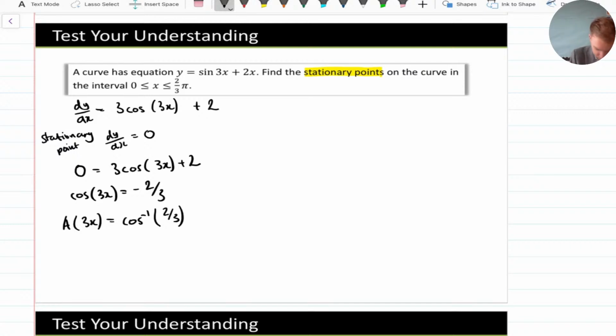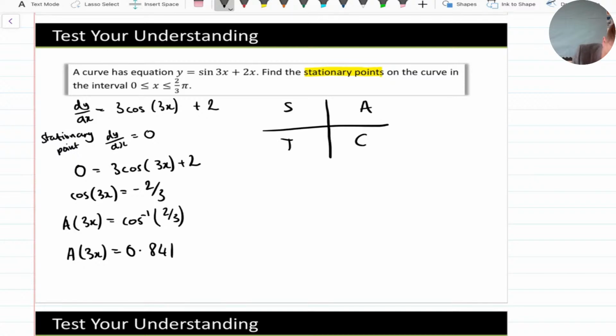Shift cos to the minus 1 of 2 over 3 is my acute 3x is equal to 0.841.